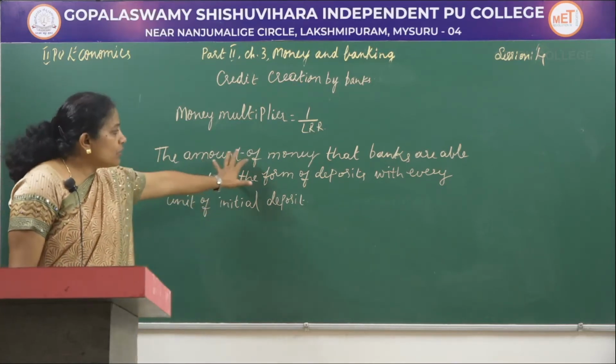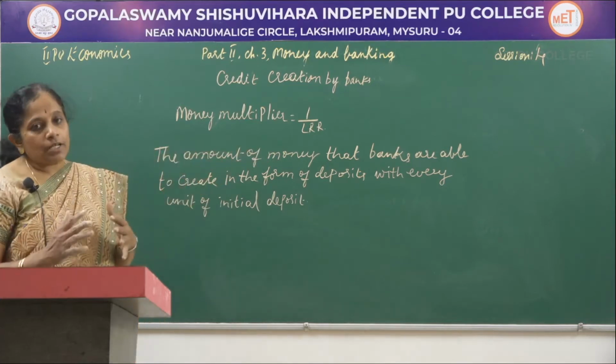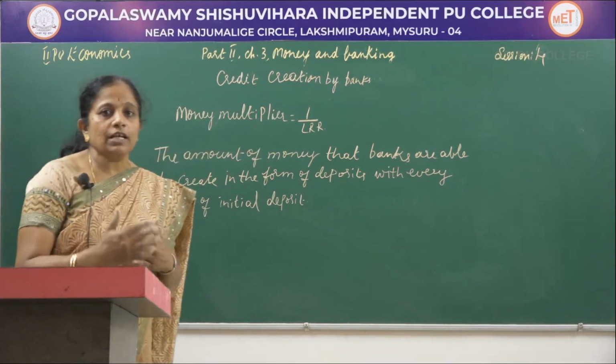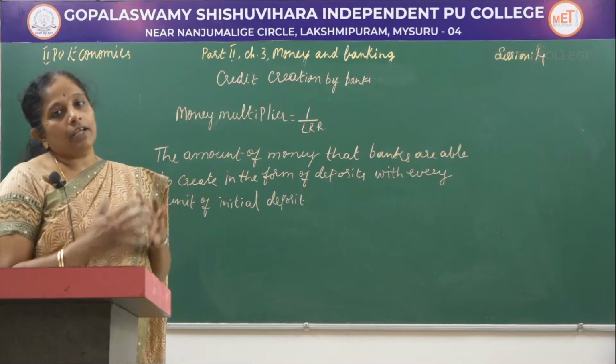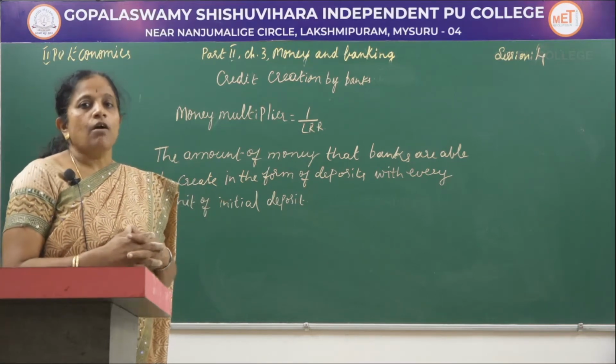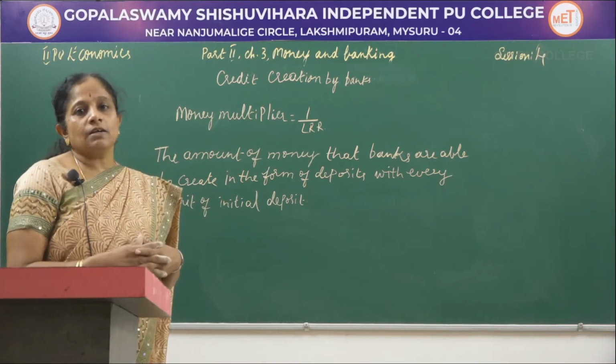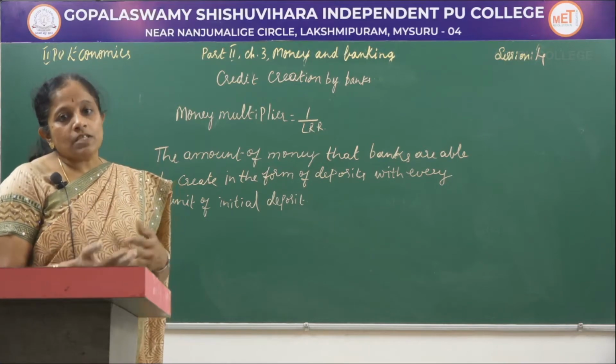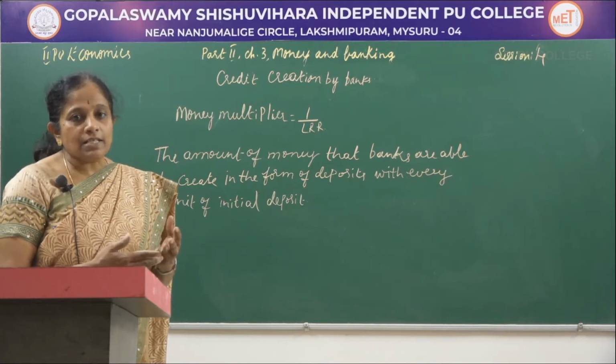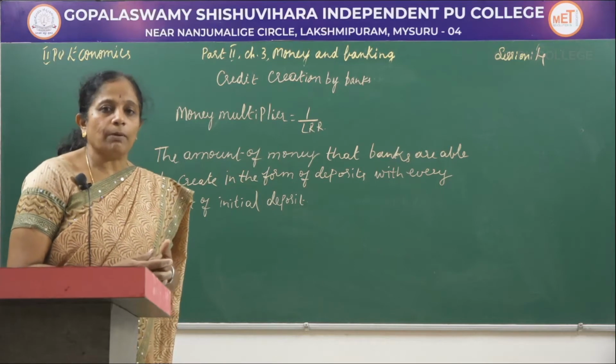So, the amount of money that any particular commercial bank is able to generate or create out of every initial deposit, because on each day the bank gets deposits, and on each day the bank is going to give loans to the public.